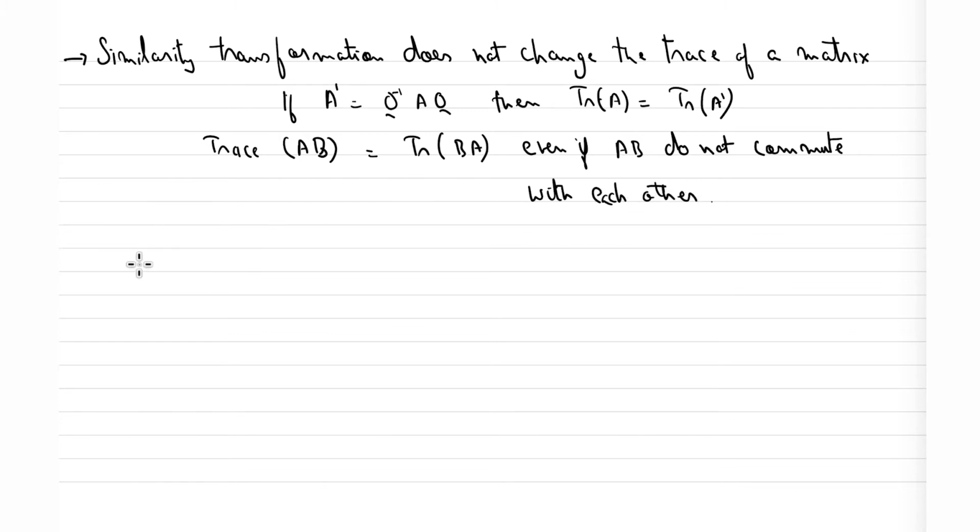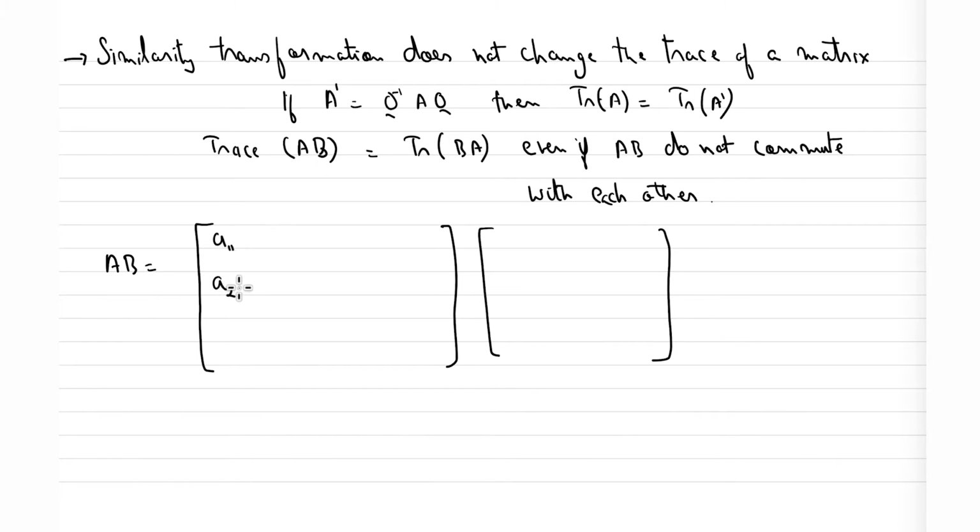So let us start writing the matrix product in any general form. So we can write this as two different matrices. So we can say that this is A11, this is A21, and so on, AN1, this will be A12, and we can say that this will be A1N, right?